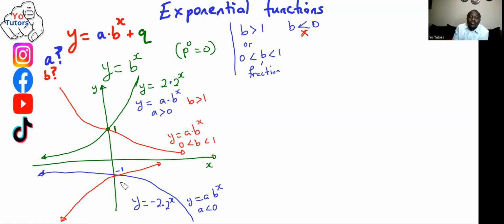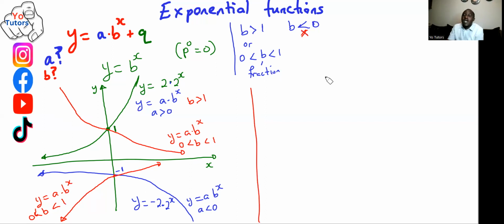So we have something like this. Okay, so that's our graph there, which is going to be y equal to a b^x. But in this case, we are saying b is between 0 and 1. So whenever you see a fraction, that's what we have. Let's just put it here and see if we can use actual values.